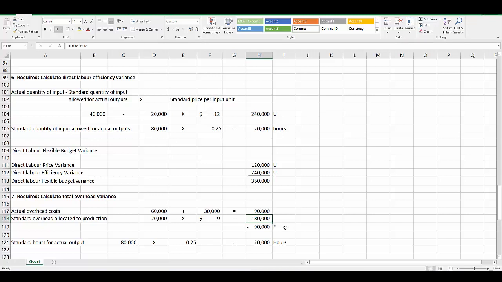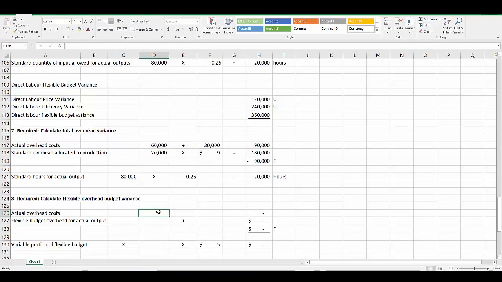Finally, some good news. So now in parts 8 and 9, we're going to break down this 90,000 into the components so we get a better idea of what actually led to this favorable variance.